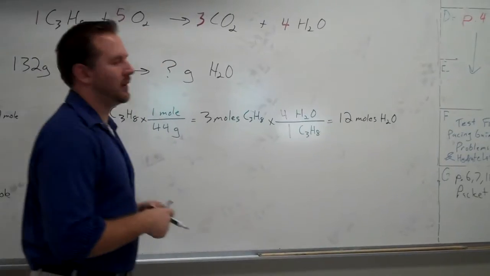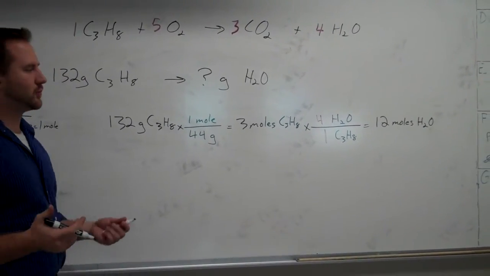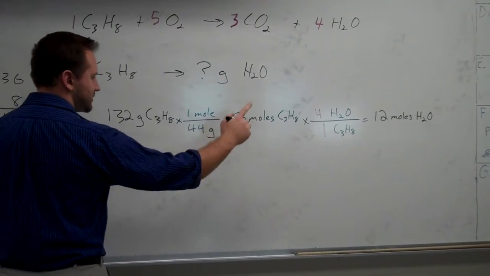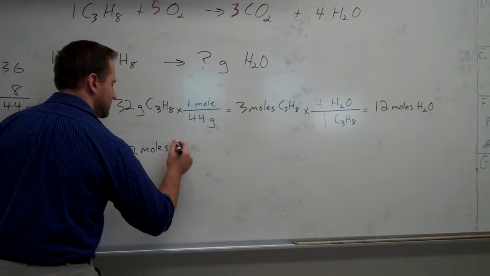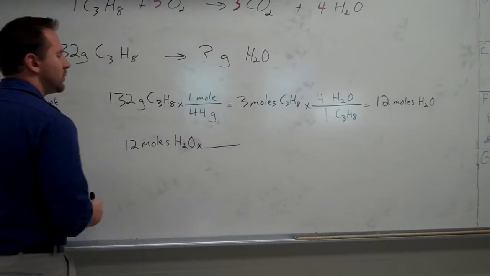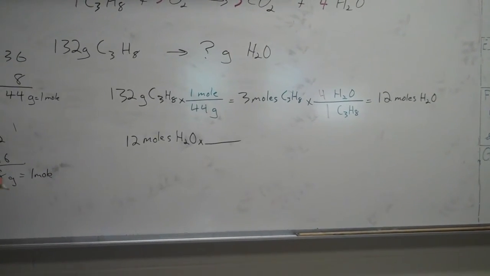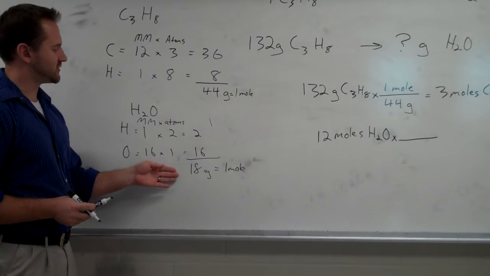So now that we know the amount of water we made, we want to know how much that's actually going to weigh if we put it on a balance. So if I have 12 moles of water, whenever we want to find out how much something weighs and we know the number of moles, we simply use the molar mass in the opposite fashion.